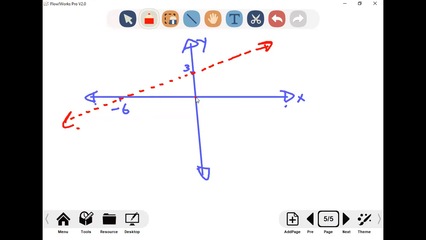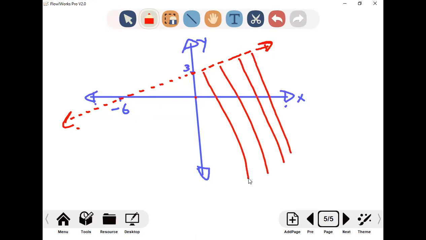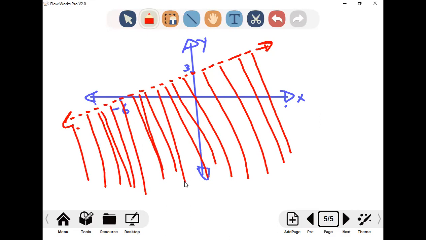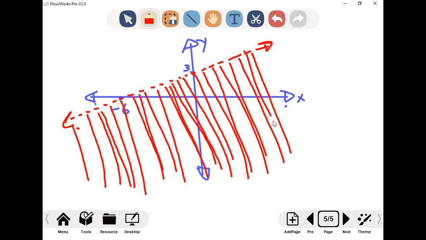So 0, 0 makes it correct, right? So all of this area is a solution of the first inequality. Done? Are we done with the first inequality? Done. Let's go to the second inequality and do the same.